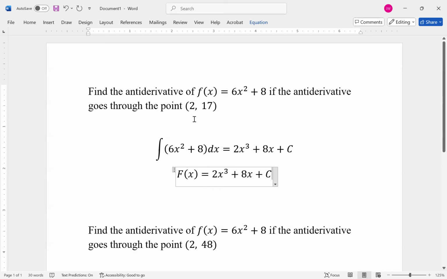Now I also know that the antiderivative goes through the point (2, 17). What that means is when I plug in 2 for x, I get an output that is 17. In other words, this capital F of 2 is going to give me 17.